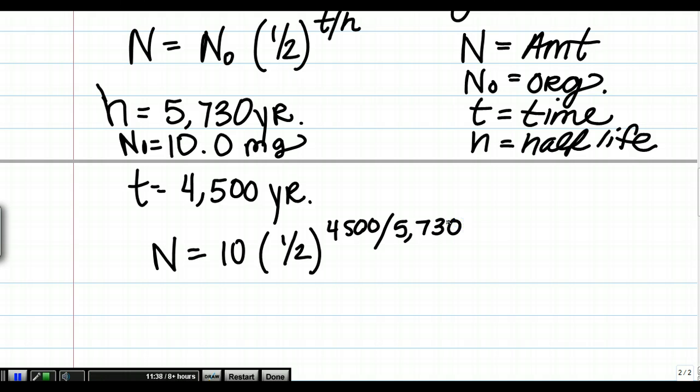So we would go ahead and solve this, and we would have 1/2 to the 4,500 divided by 5,730. Multiply that by 10, and in your calculator you should get 5.8. And your units would be milligrams.